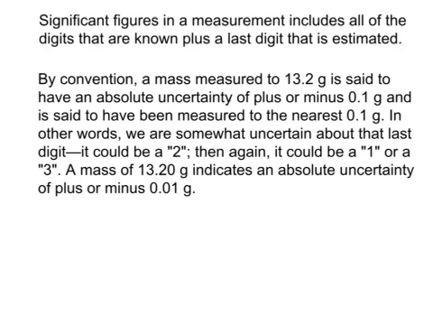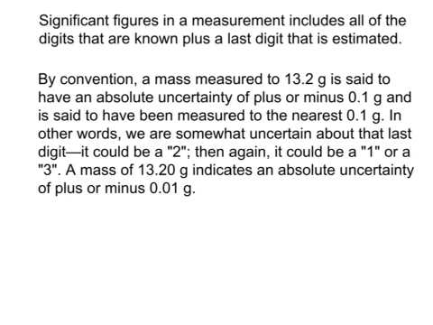In chemistry, when we're taking measurements, something else we have to take into consideration are what are called significant figures. A significant figure is a measurement that includes all of the digits that are known plus a last digit that's estimated. So say, for example, I have a digital scale and I put an object on it, and this digital scale reads to the first decimal place only.